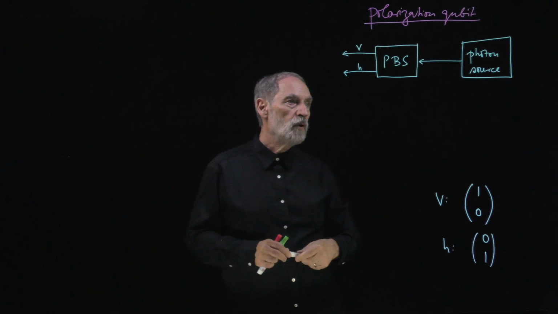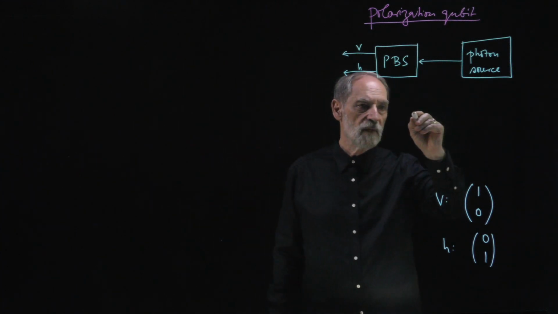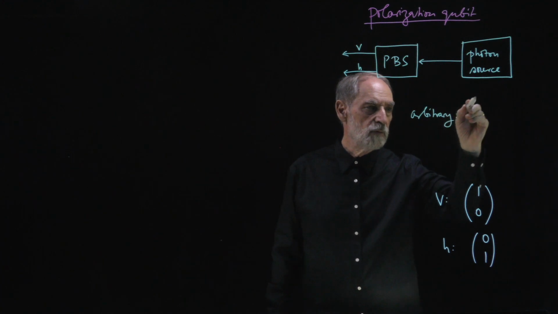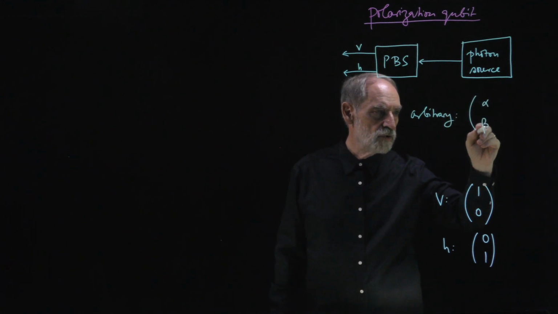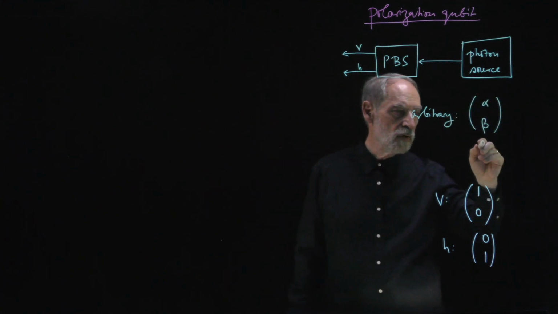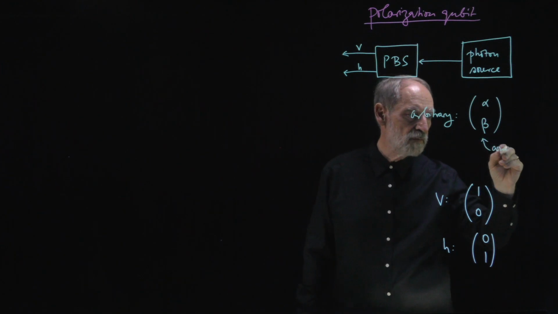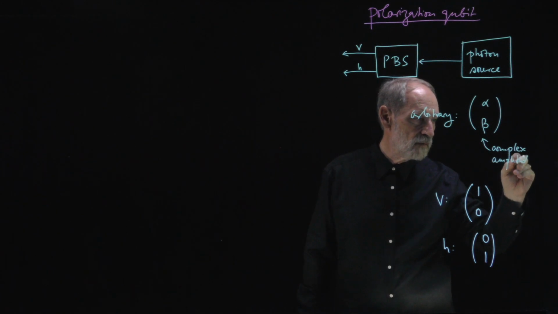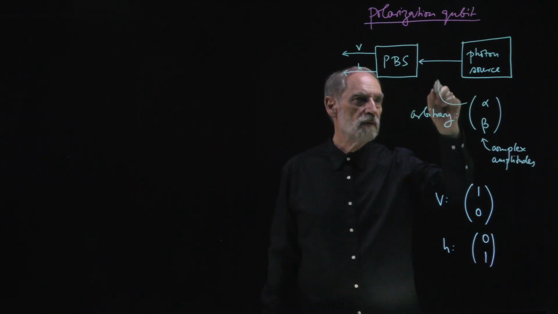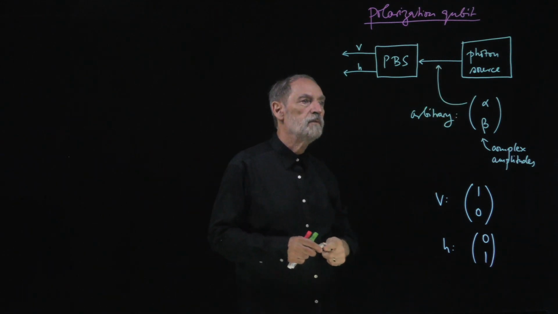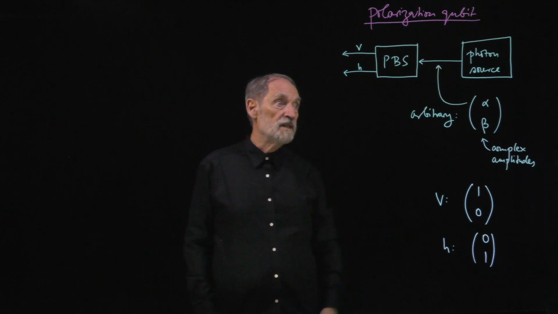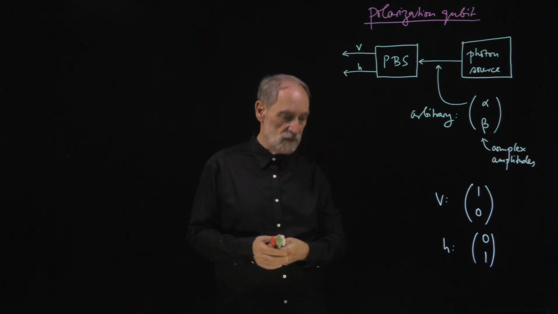Now the more general case, the arbitrary polarization, would be described by a more general column which has two complex amplitudes, one for horizontal polarization and one for vertical polarization. That's what we will have in the general case for the description of the polarization of the photon emitted by the source.